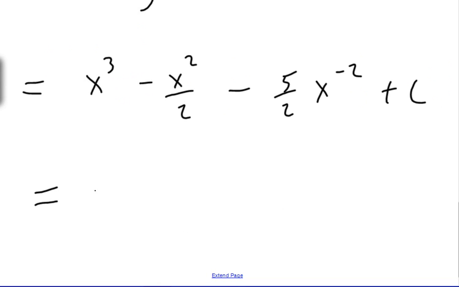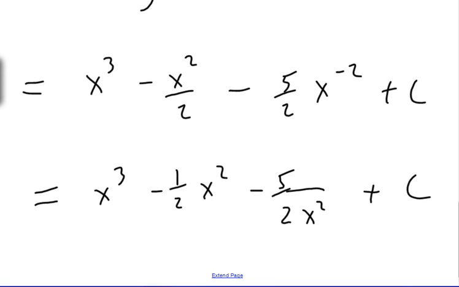Guess I'll have to rewrite that. x cubed minus a half x squared minus 5 over 2x squared plus c. Alright, there we go. Now, not even getting interesting yet.